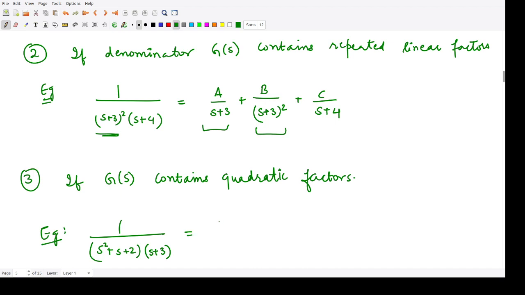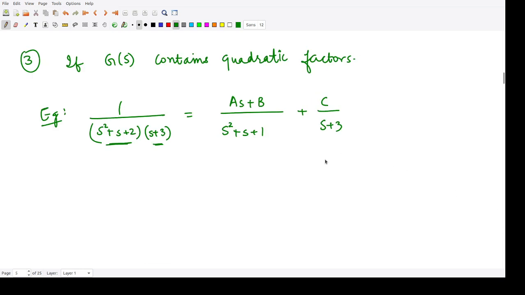This could be written as, corresponding to the quadratic factor, as plus b divided by s square plus s plus 1, and corresponding to this linear factor, you could write c divided by s plus 3. Okay.